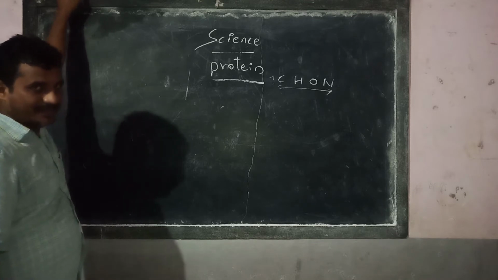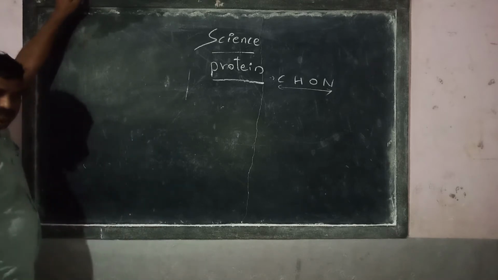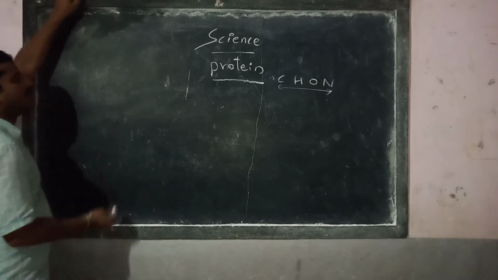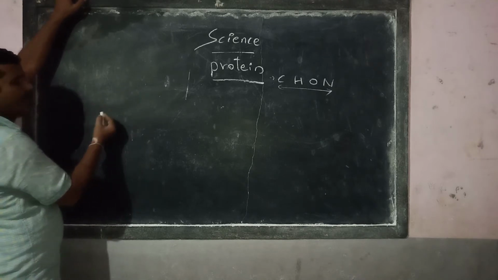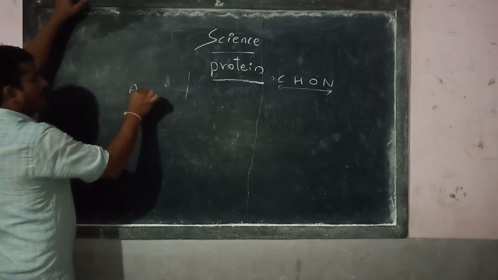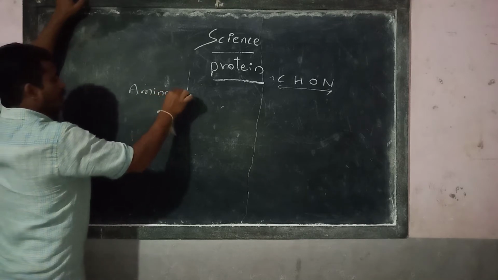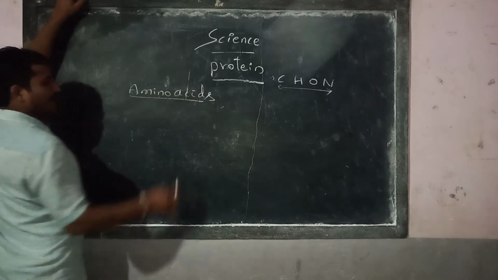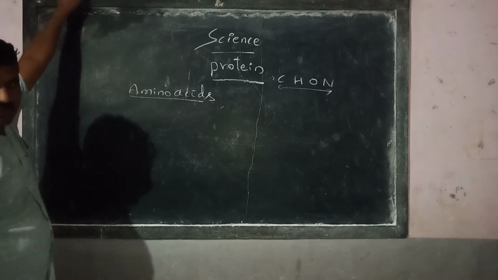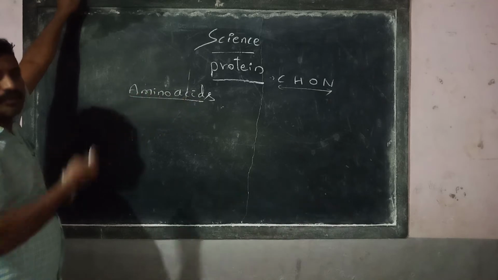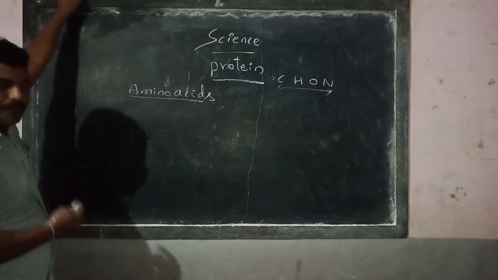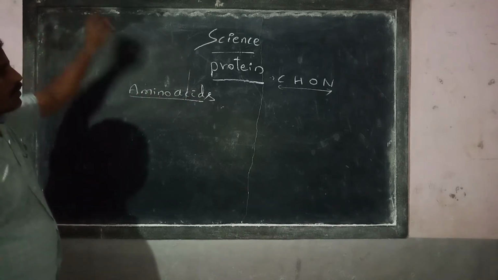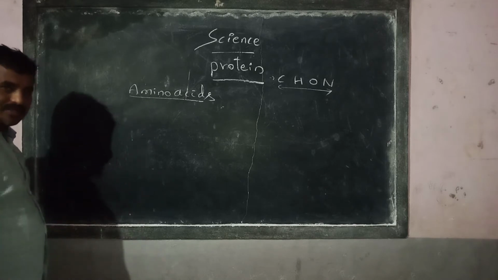Proteins are made of simple units called amino acids. As a carbohydrate is made of glucose, the simple unit of sugars, proteins are made of amino acids.